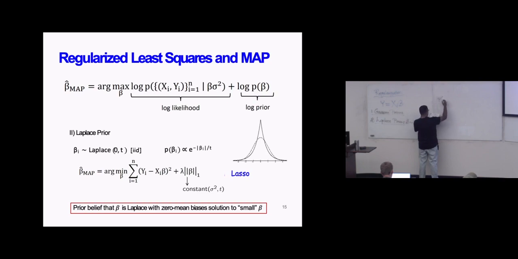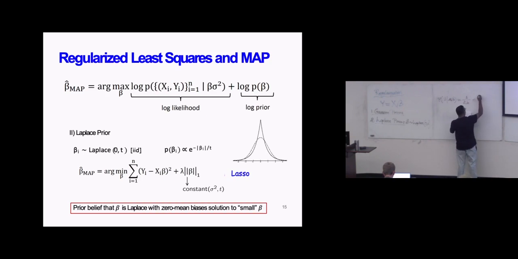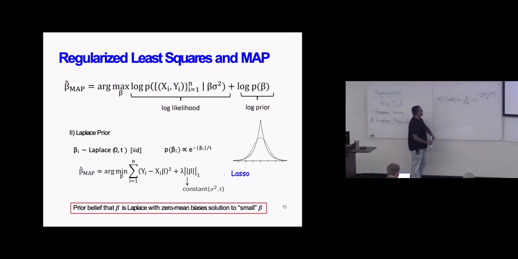Probability of beta given Laplace distribution has 2 parameters, mu and b, is equal to 1 divided by 2b e to the power minus absolute value of beta minus mu divided by b. This is the definition of Laplace distribution.